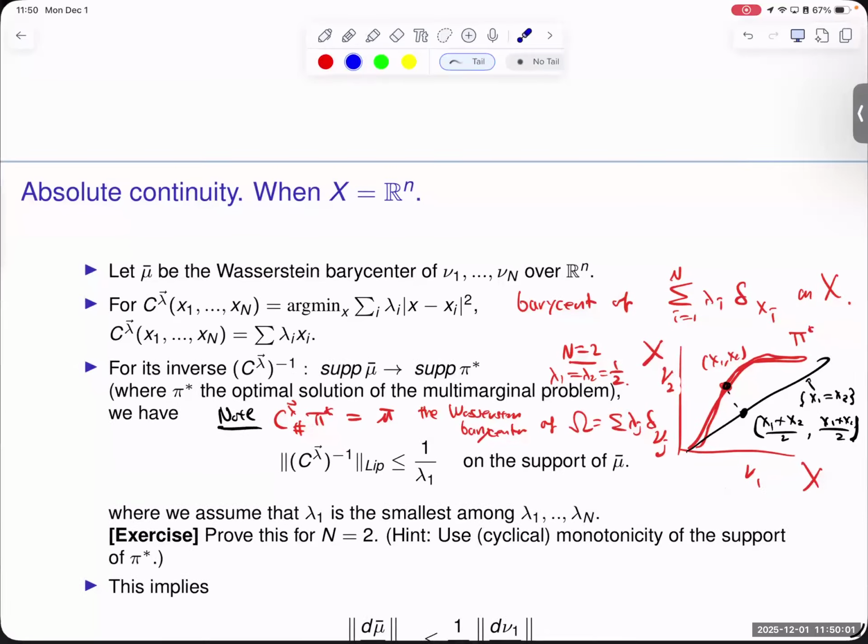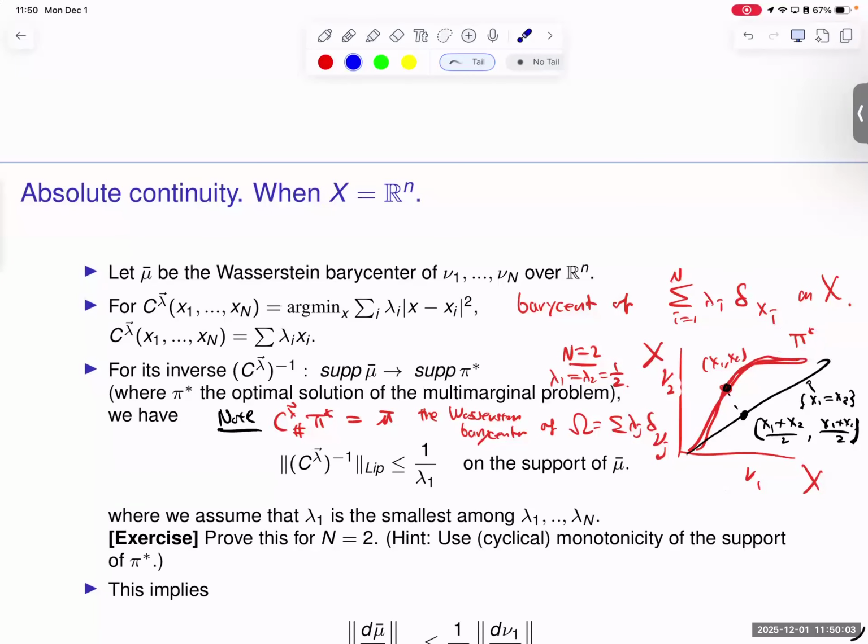Let's say this pi star is a solution to the multi-marginal optimal transport problem, which gives a transport plan, a probability measure on the product space, coupling the different marginals nu_1, nu_2, and so on up to nu_n. Then the Wasserstein barycenter is obtained, after solving that problem, by projecting with this barycenter map.